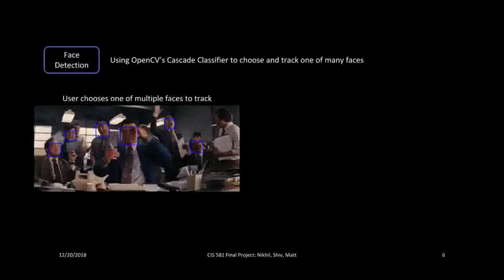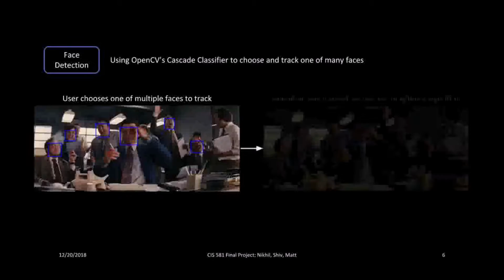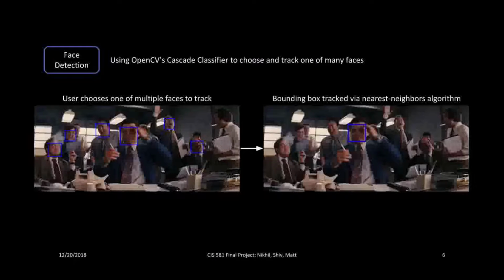And as you can see in this image on the left, the classifier has detected several faces within the image. The problem here is that we want to get rid of the extraneous ones and focus only on one. So the user chooses one of them, and in this case we've chosen Leonardo DiCaprio's face to do the face swap, and we've drawn a bounding box around it, and we'll track the features within that bounding box only.